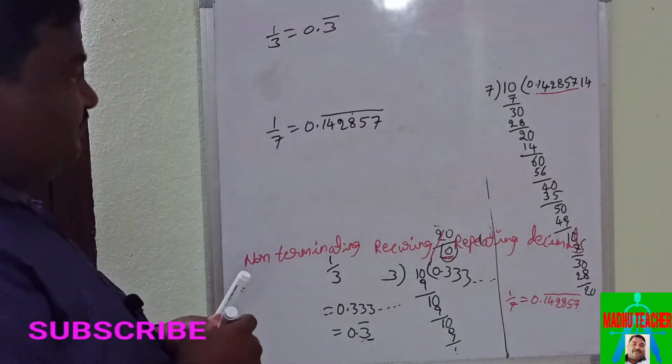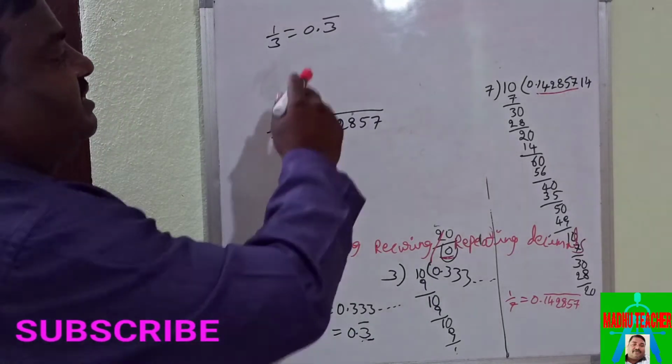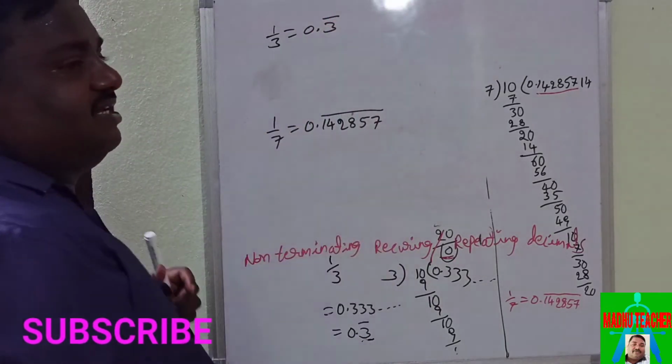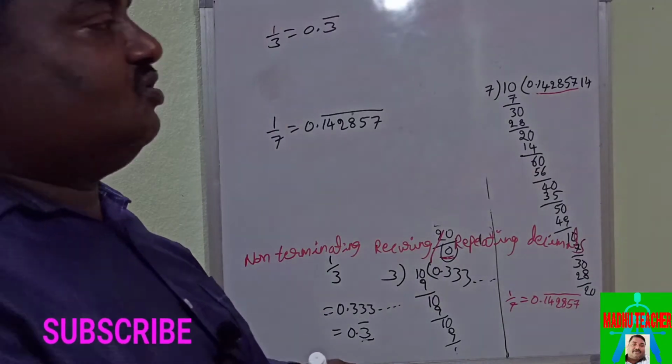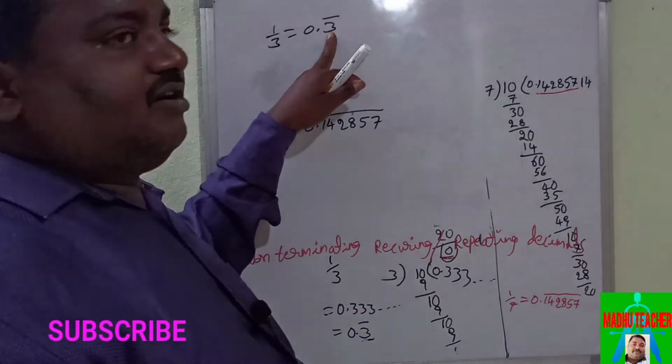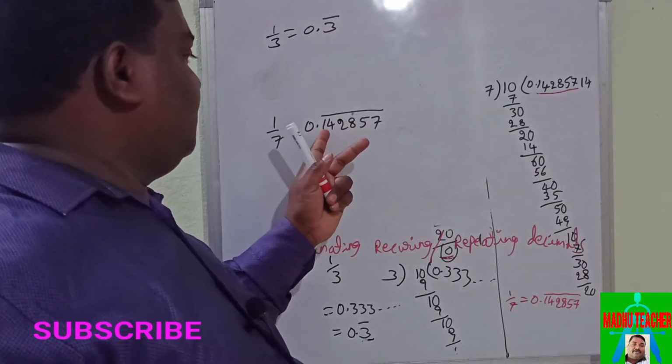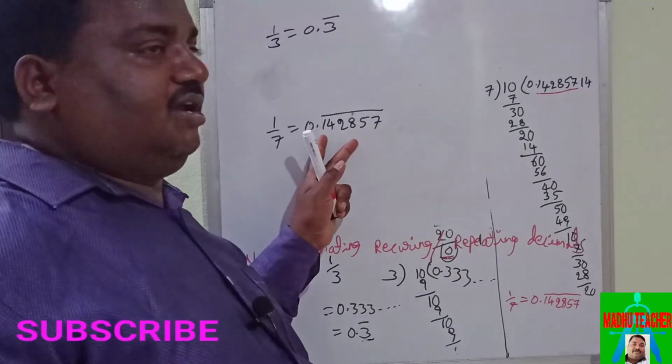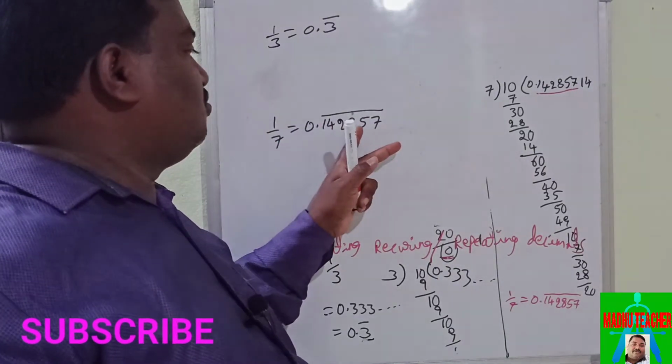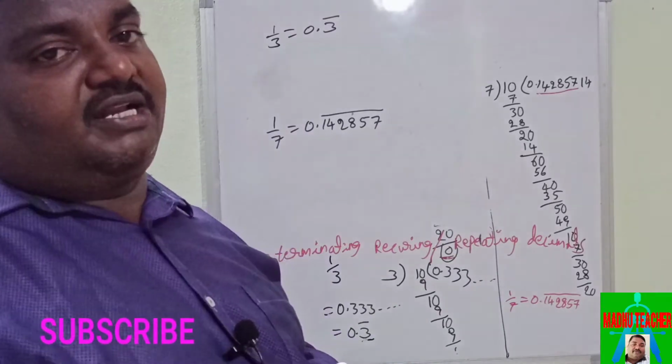Here in this decimal 3 is repeating, and in this decimal the set 142857 is repeating.